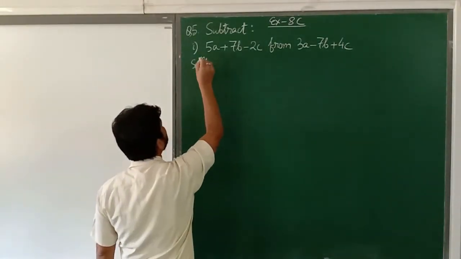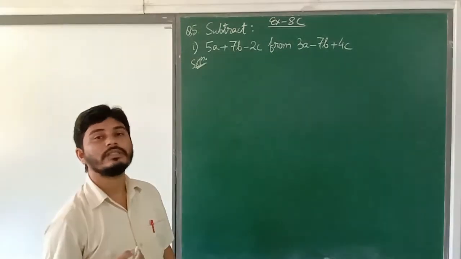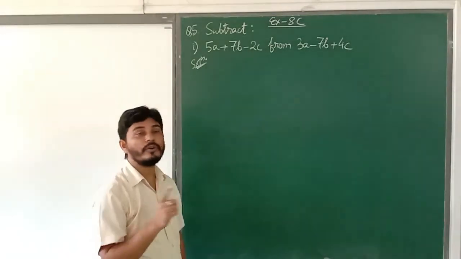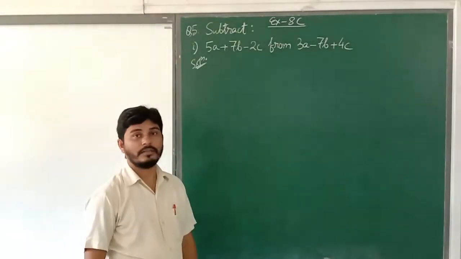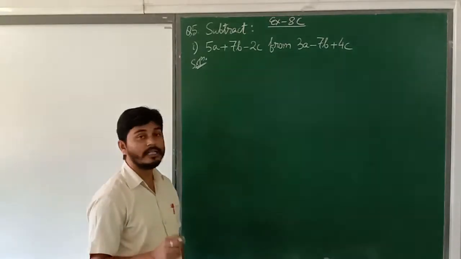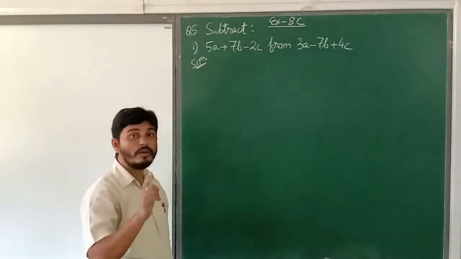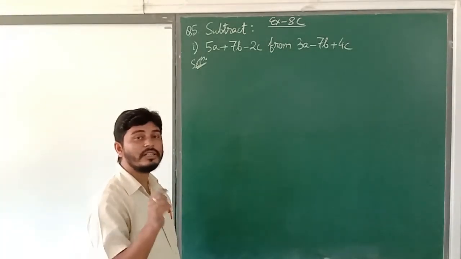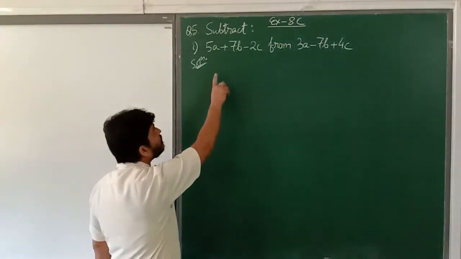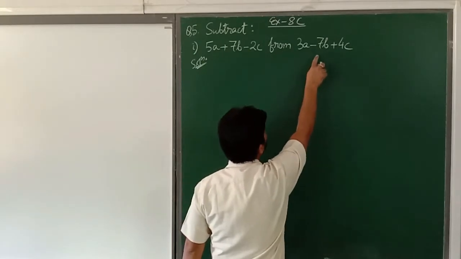So let us see how we subtract two algebraic expressions. Very important, the first step of this type of solution, because most of the students make mistakes. I don't want you to make any mistake, so please pay attention and learn properly. We have to subtract this expression from this expression.